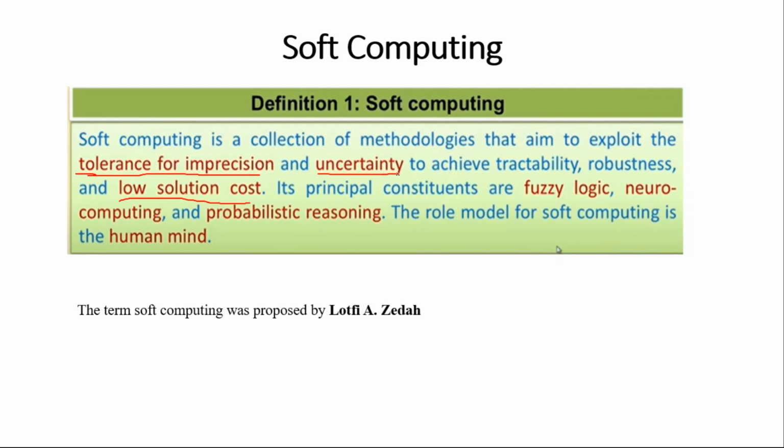It is not that if this is the input then this will be the output. No, the output may change, or whatever output we say is not true in all cases. It is a probabilistic output, right? So that is what this says.